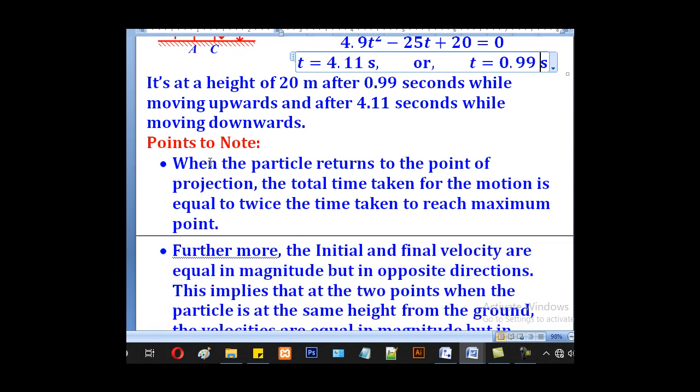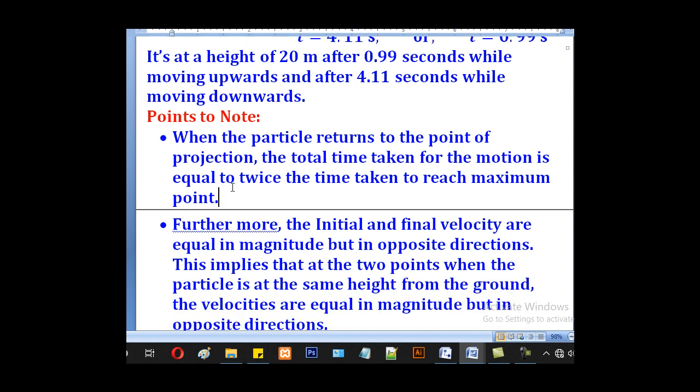Now there are points you need to note. One, when the particle returns to its point of projection, the total time taken for the motion is equal to twice the time taken to reach maximum height. Compare those two times, you'll realize that one is twice the other. Furthermore, the initial and final velocity are equal in magnitude but opposite in direction.